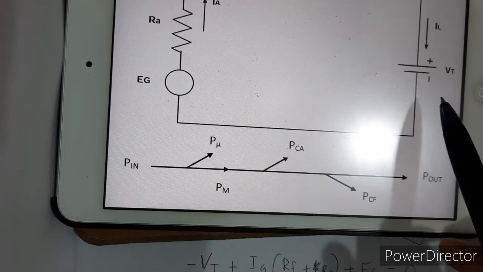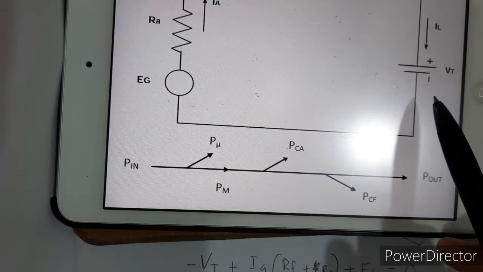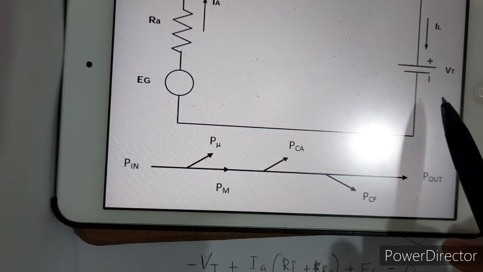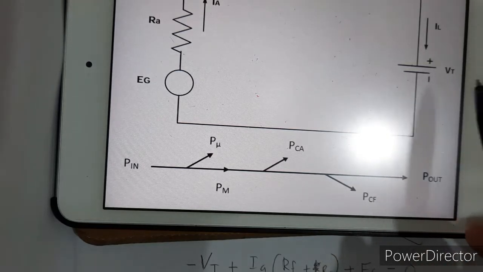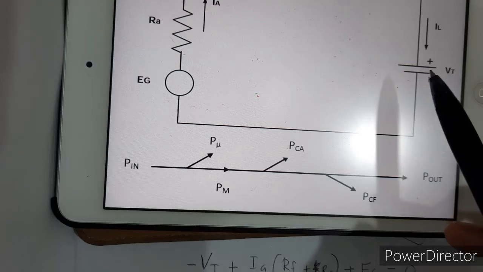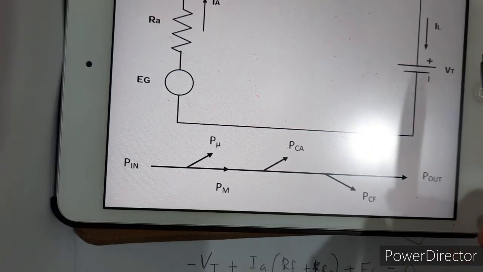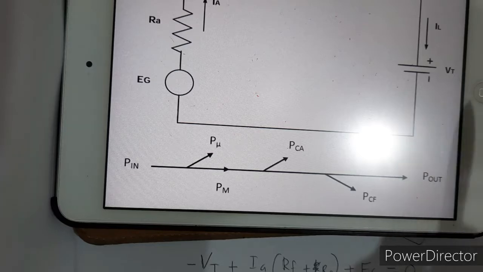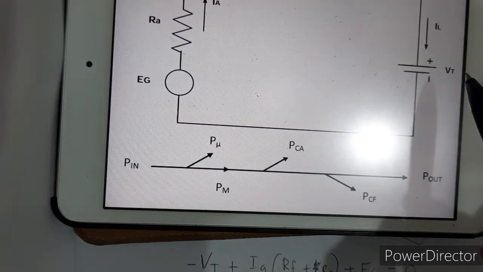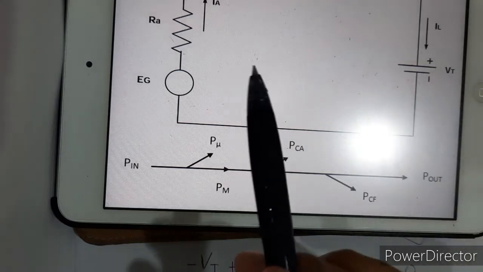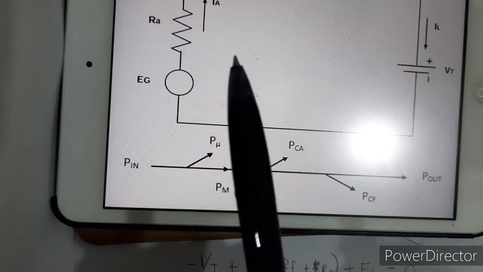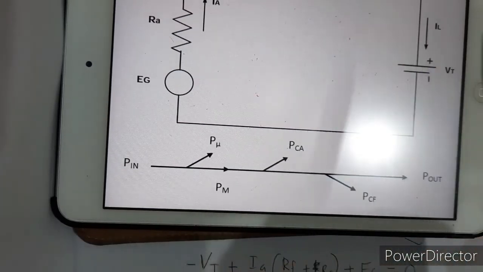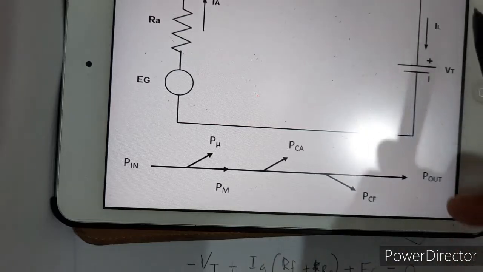In a power system, the line voltage is always fixed, for example 240 volt, 415 volt, 11 kilovolt. So on the generator side, the utilities try to maintain the power on the terminal side.